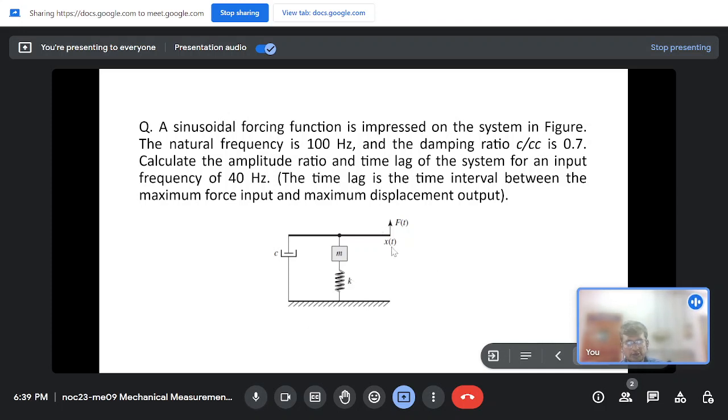At one end of the lever you are applying a force which varies sinusoidally, and you have a displacement denoted as x, which will also vary as a sine function. We are given the natural frequency of the system, 100 hertz, and the damping ratio, 0.7. For an input of 40 hertz, we have been asked to find the amplitude ratio and the time lag of the system. So we'll see how to solve this problem.